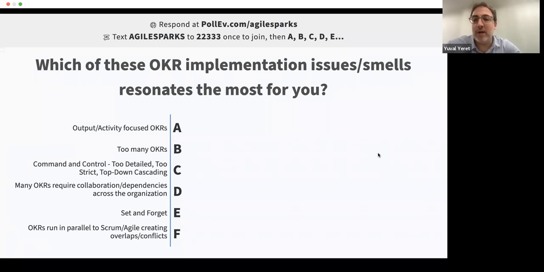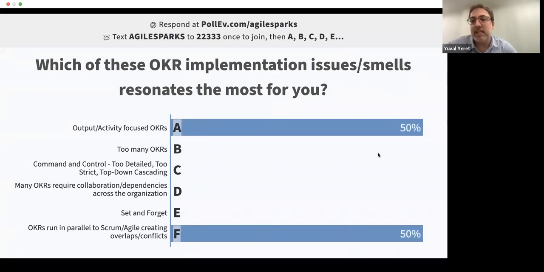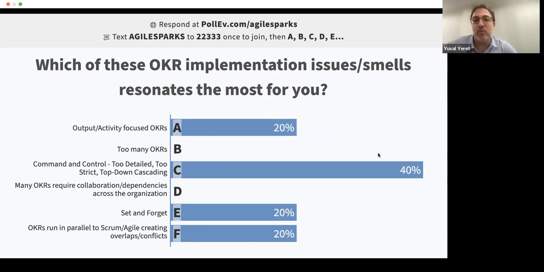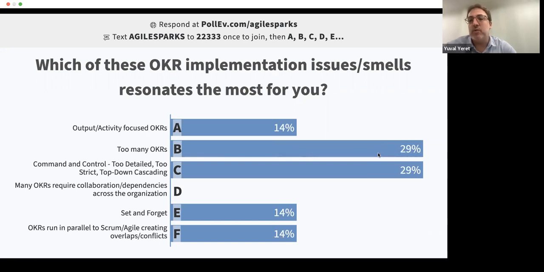I see there's a question about PI objectives. That's a SAFe term. I don't know if we want to dive deep into SAFe today. We'll see. We'll do a Q&A session later on. Feel free to add that question, Yuval.